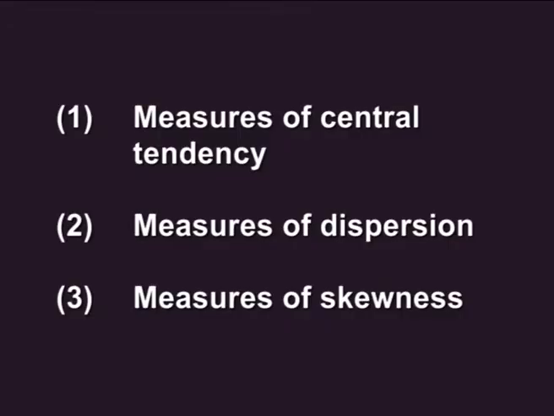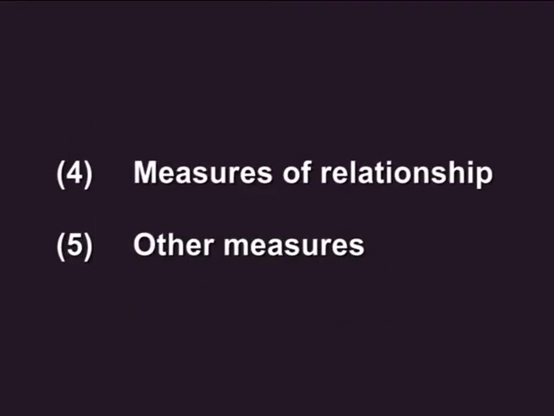The 5 important statistical measures used for data analysis of research are measures of central tendency, measures of dispersion, measures of skewness, measures of relationship, and other measures. Let's discuss these measures one by one.